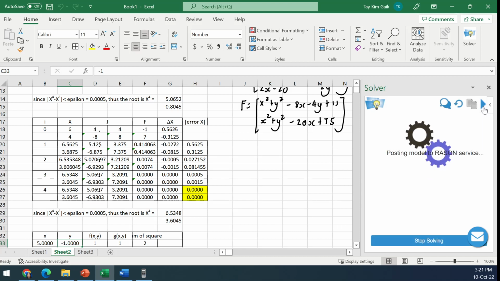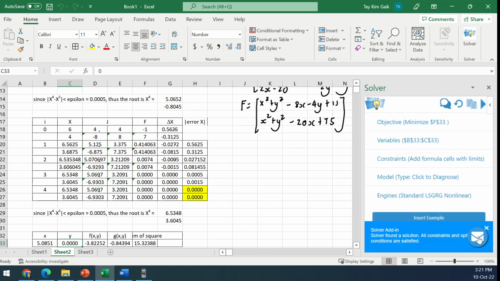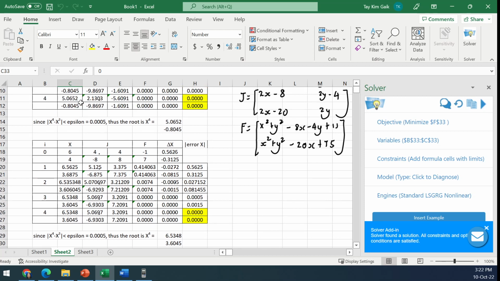Solve it. Solver found a solution, but the solution here is not accurate compared to here.